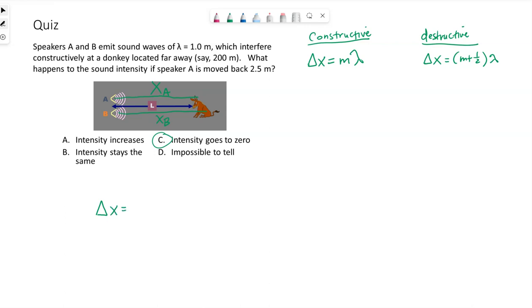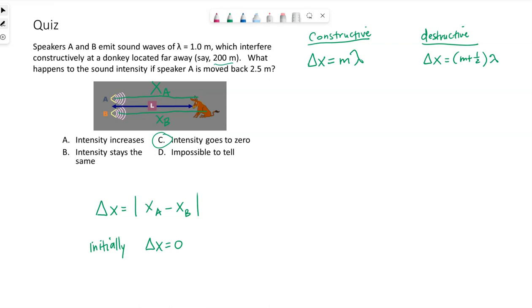Delta X here means just the absolute value of the difference between the distances those two waves travel. So initially, before we move either speaker, delta X is 0. They're the same distance away. They're both 200 meters, for example, to begin with.